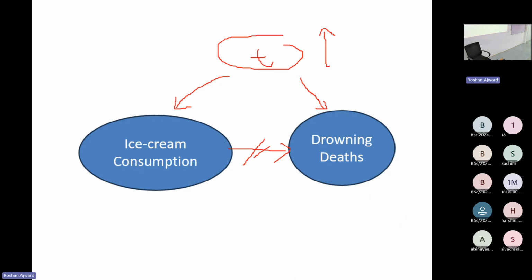But again, that's just an association, not causation, because there was a third variable, temperature, that increased both, not that ice cream consumption led to drowning. So just understand there's a difference between correlation and causation. Correlation might or might not indicate causation.